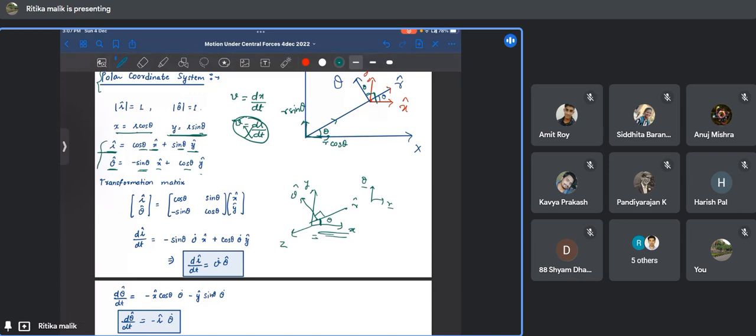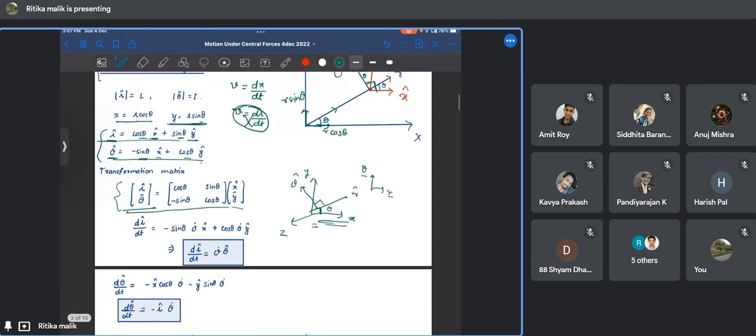So if you wanted to write r cap, theta cap and then x, y in matrix form, this can be written in this way. You know that your r cap is given by this relation and your theta cap is given by this relation. So you will calculate dr cap by dt, the rate of change of this direction with respect to time t, because you wanted to know the velocity.